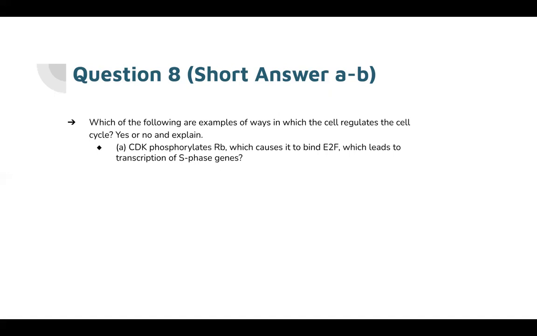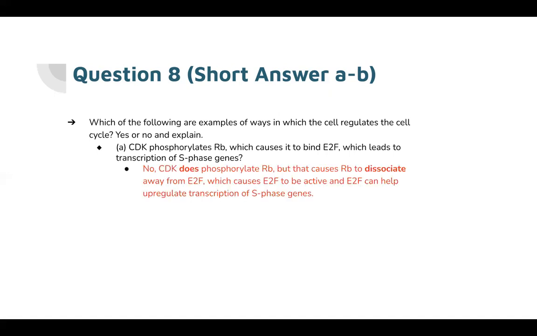As I said, no. CDK does phosphorylate RB, but that causes RB to dissociate from E2F, which causes E2F to be active and upregulate transcription of S-phase genes. Any questions on A?